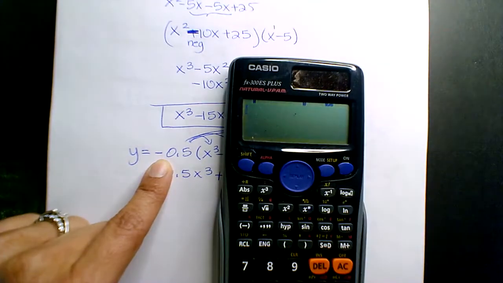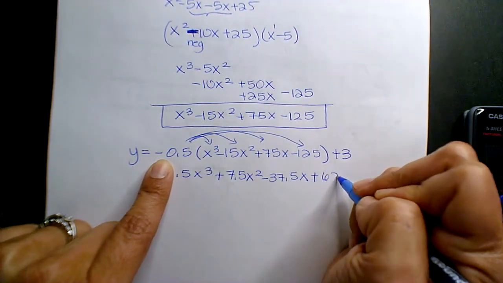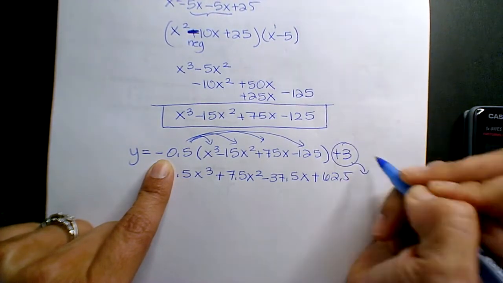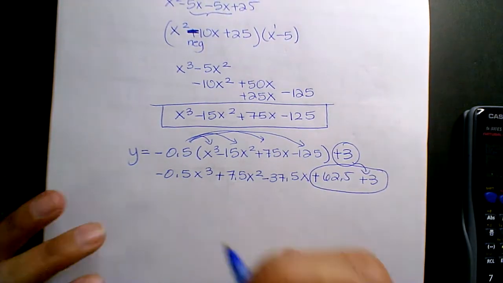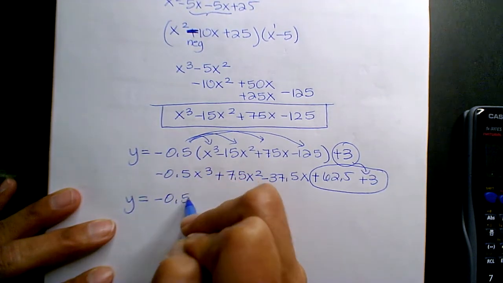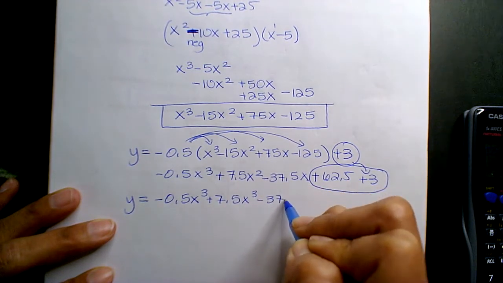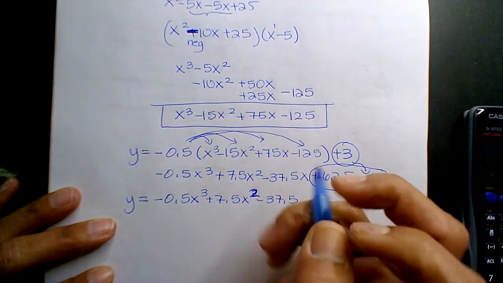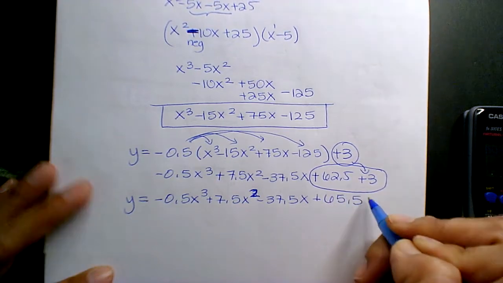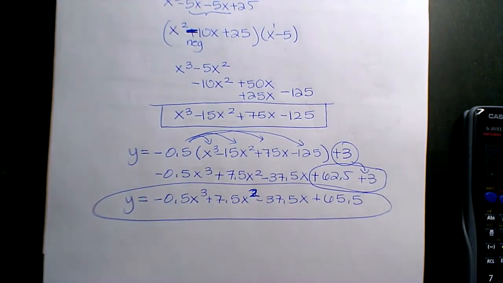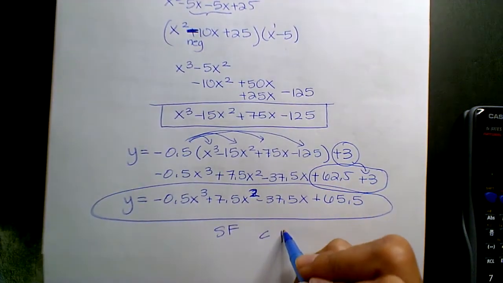Half of 125 is 62.5. And then lastly, don't forget about that plus 3, you are going to have to combine the 2 constants. So then this is your final expanded answer. So this is in standard form. I almost messed up right there, you guys. 3, 2, 1 plus 65.5. And so this is the expanded standard form, which is the answer to the C part.